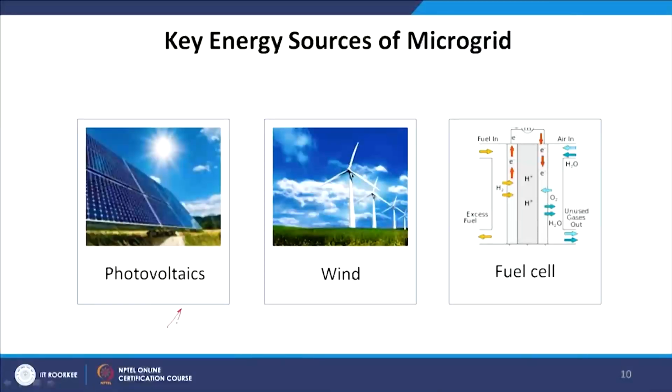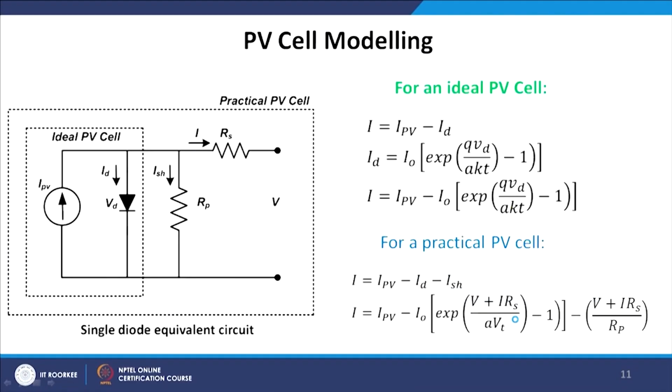And now let us move to key energy sources. The first one could be photovoltaic, the second one could be wind, and the third one could be our fuel cell. Now, the PV cell modeling, which is important, let us concentrate on two different types of modeling.